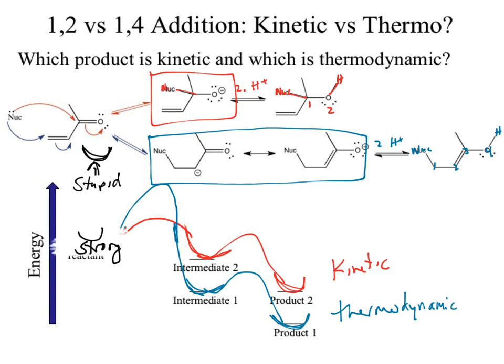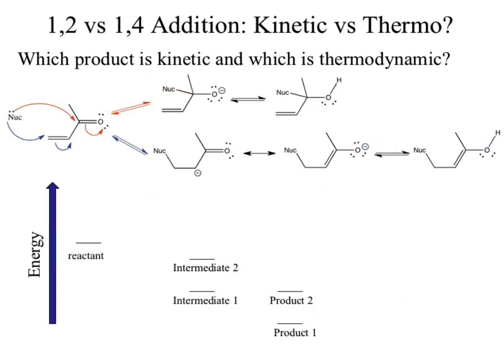So changing the strength of the nucleophile changes where I attack and changes the resulting products, be it kinetic or thermodynamic. Okay? And a lot of that had to do with the relationship between the reactant and the intermediates. That gap.